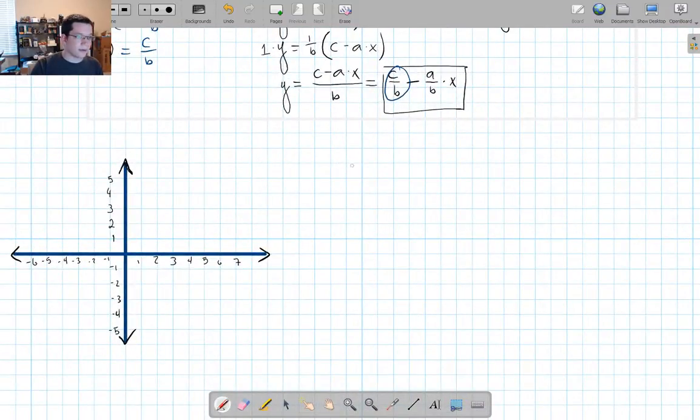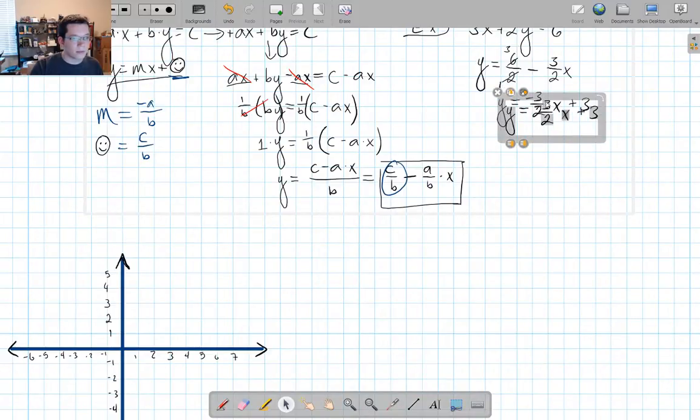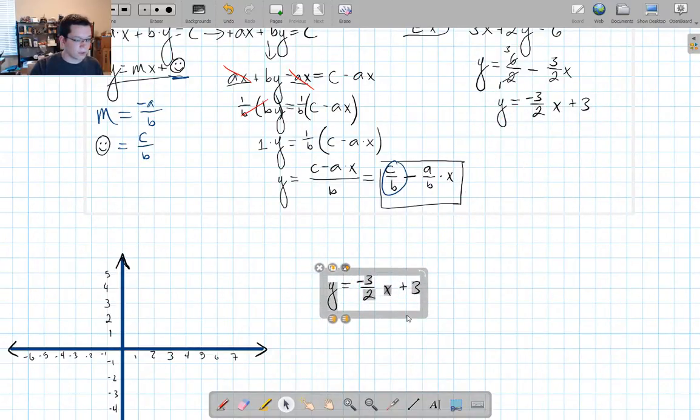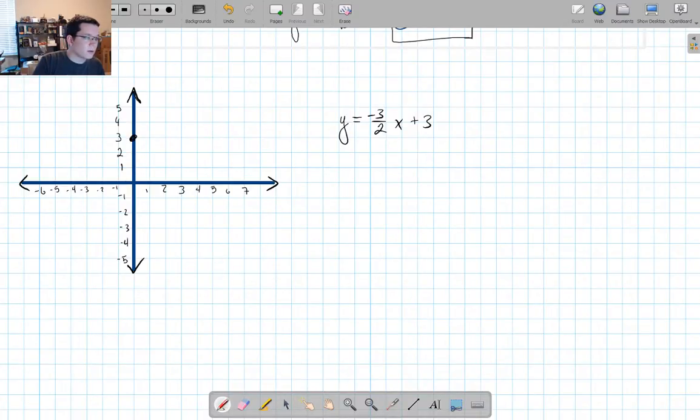So now we can take that formula, which I'm going to copy and paste so that we can see it. We're going to start at positive 3, because when we plug in 0 for x, y equals negative 3 over 2 times 0, this all goes to 0, and that becomes just plain old 3.